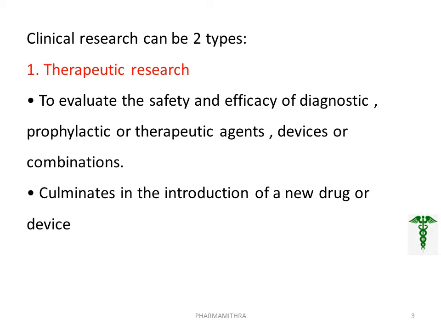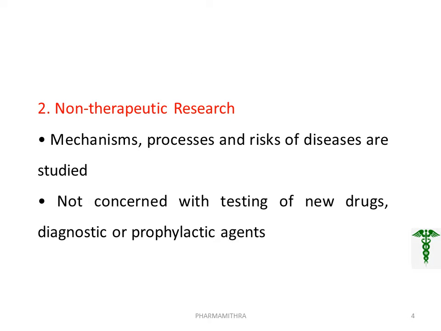Clinical research can be of two types. First one, therapeutic research, and second one, non-therapeutic research. Therapeutic research is done to evaluate the safety and efficacy of diagnostic, prophylactic, or therapeutic agents, devices, or combinations, or for the introduction of a new drug or device.